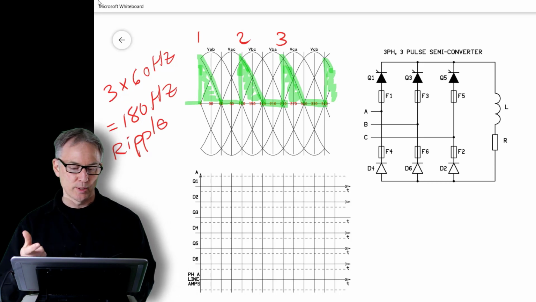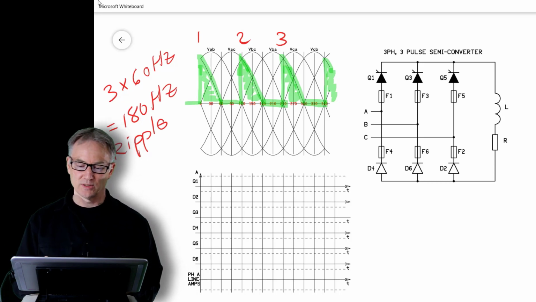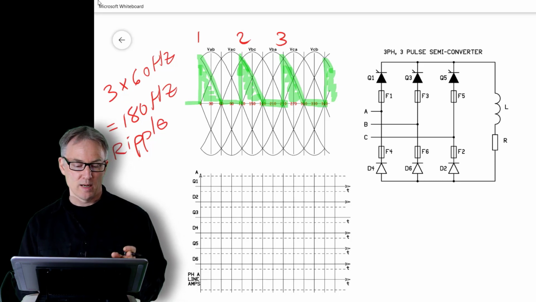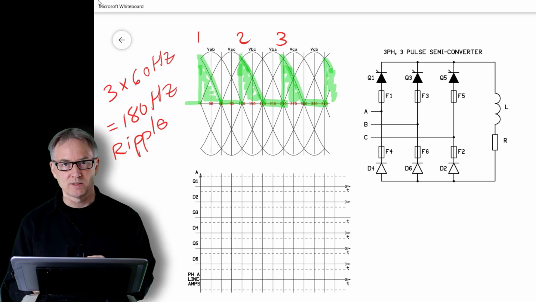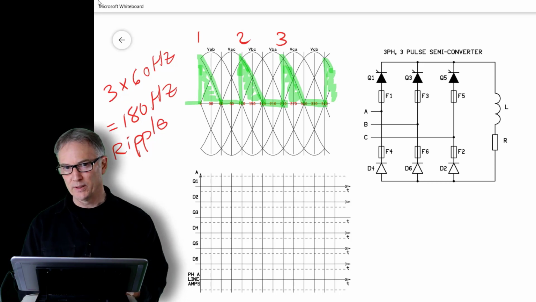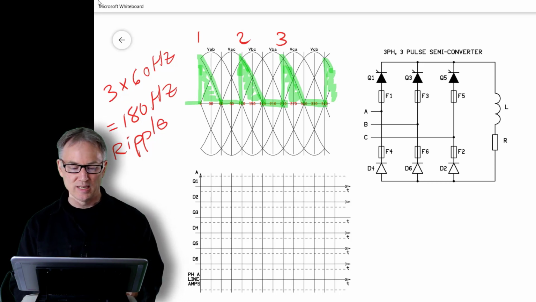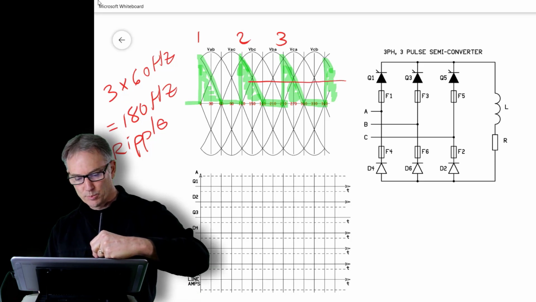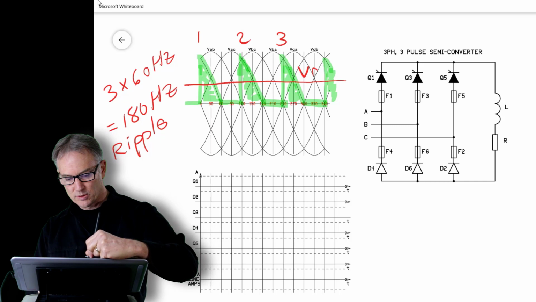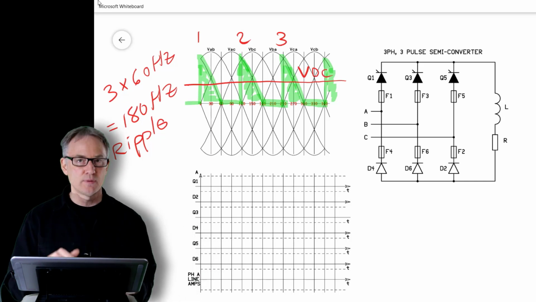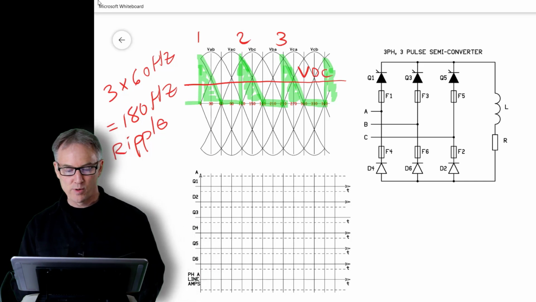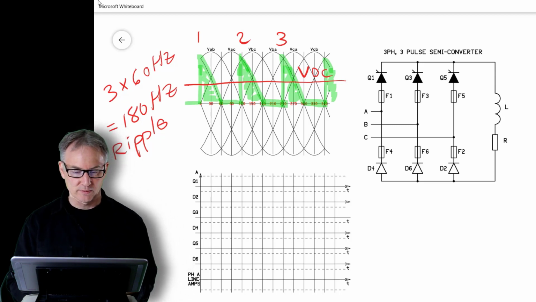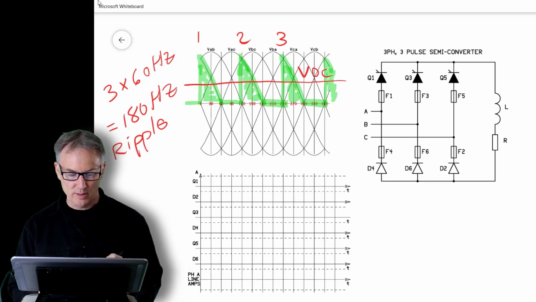So the DC output, as far as ripple frequency is concerned, is seeing a voltage with 3 symmetric pulses per cycle. So it's seeing a fundamental ripple frequency of 180 hertz in addition to the DC level. So the DC voltage will probably be around here somewhere. So this is your VDC. And there's a different formula for that one than there is for the full wave 6-pulse rectifier. And we'll look at that one a little bit later on as well.